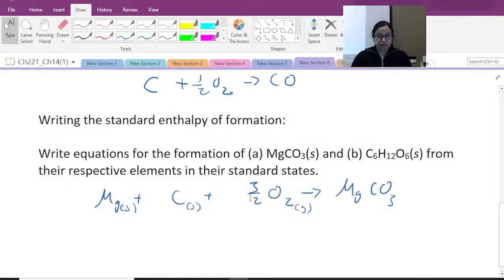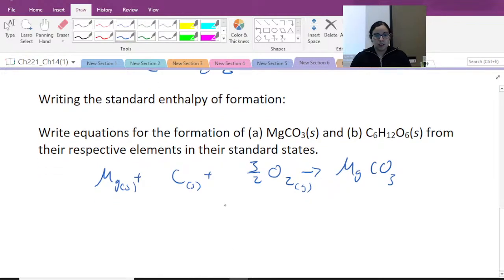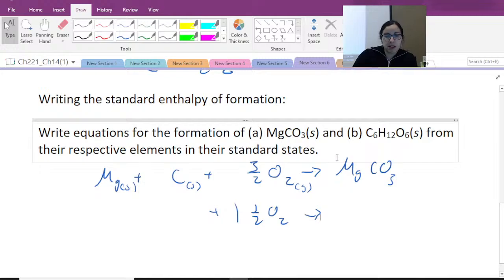I wrote the oxygen incorrectly. You did it with 3/2 and then O2, that's fine. 3/2 times O2, so that's fine. Either way, 3/2 or 1 and 1/2. Whatever. But yeah, you'll have a weird coefficient for your diatomics normally.